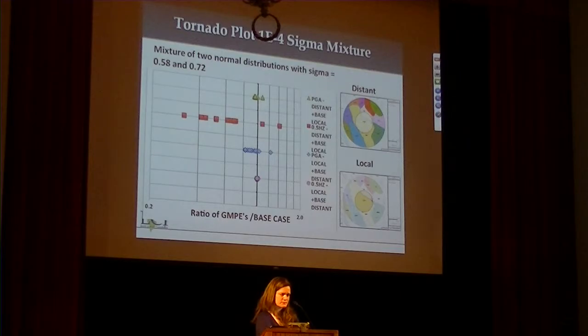We expect that because the distant sources have a much higher rate. So to get to 10 to the minus 4, we have to go more epsilons higher up the distribution, so it's going to be more sensitive to this modeling of the upper tail of the distribution. Whereas if you're looking at the local sources, we're not going up to so many epsilons, so it's not as sensitive to that part of the model.